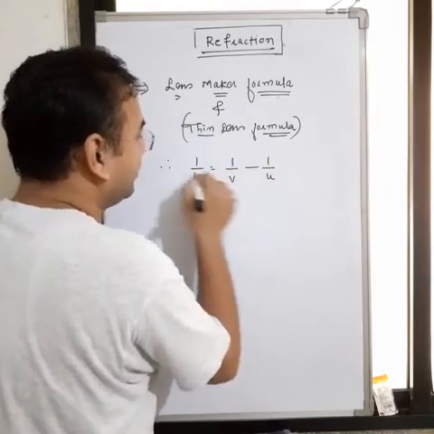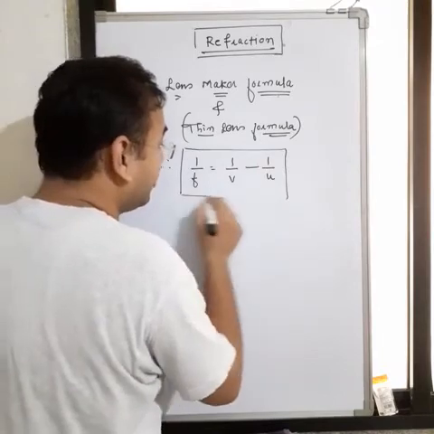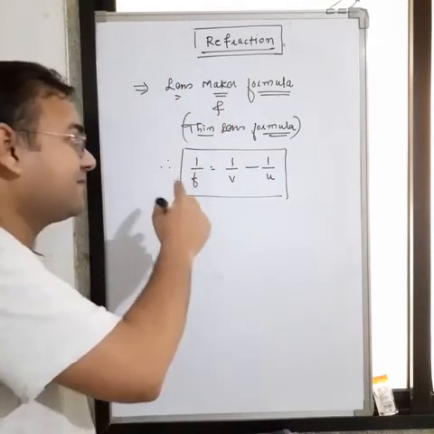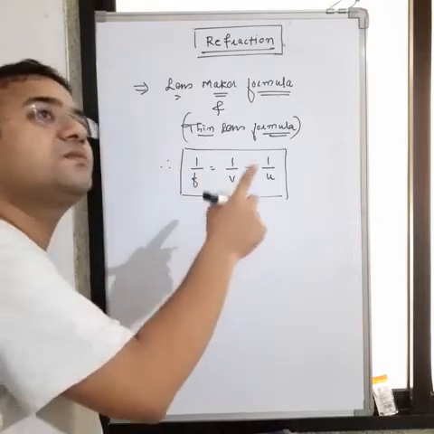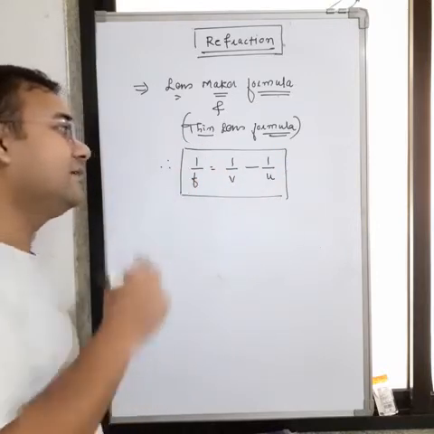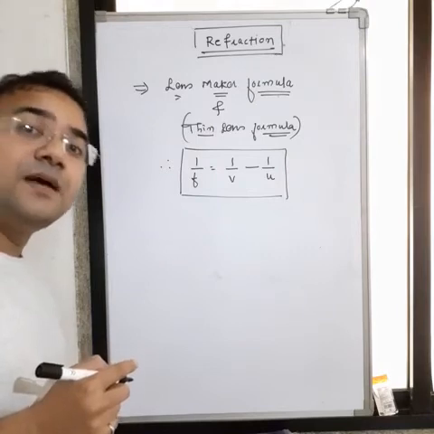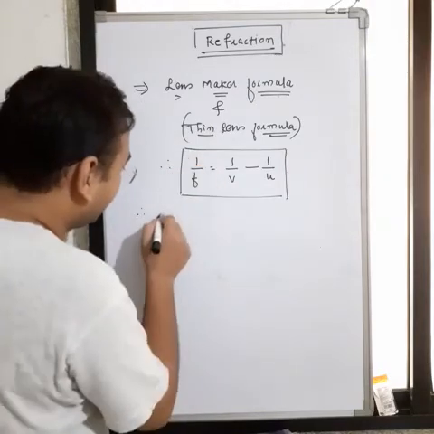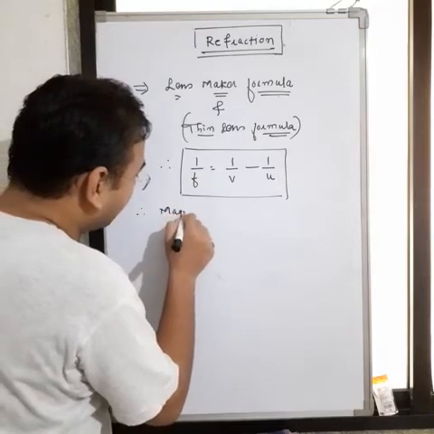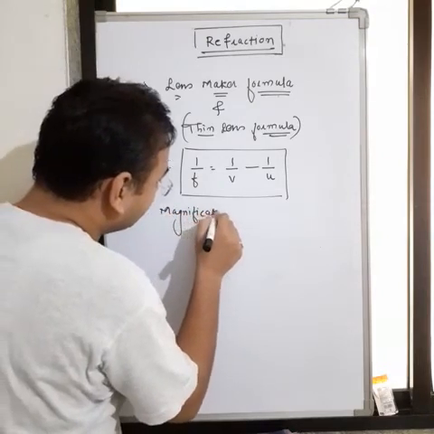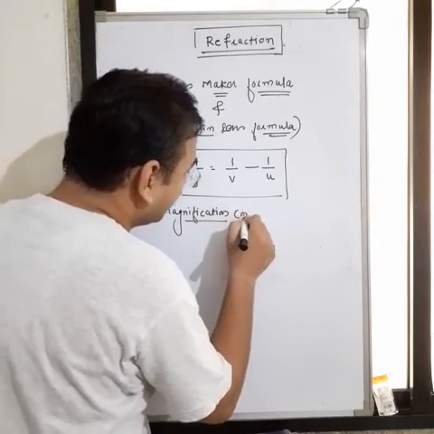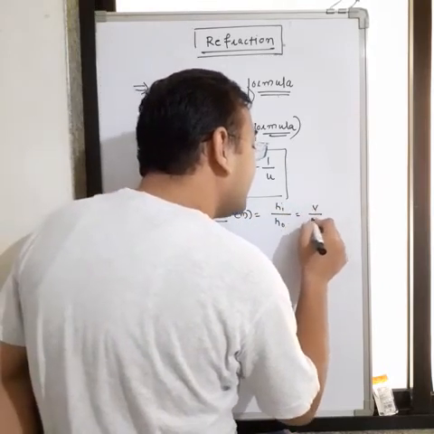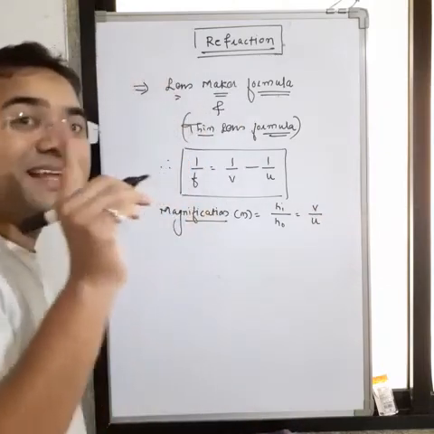minus 1 upon u. See, keep in your mind, in the mirror equation 1 upon f is equal to 1 upon v plus 1 upon u, while here it is 1 upon v minus 1 upon u. And the same for magnification: hi upon ho equals v upon u, not a minus sign.